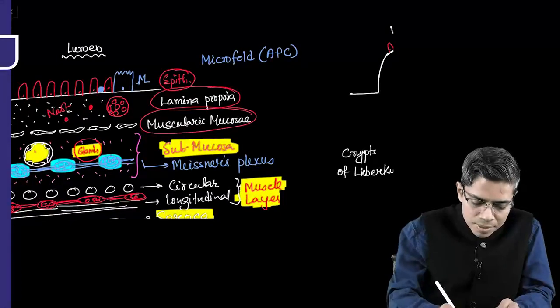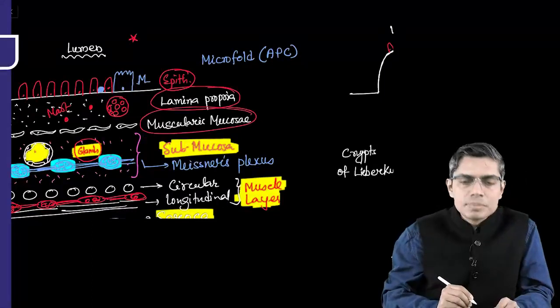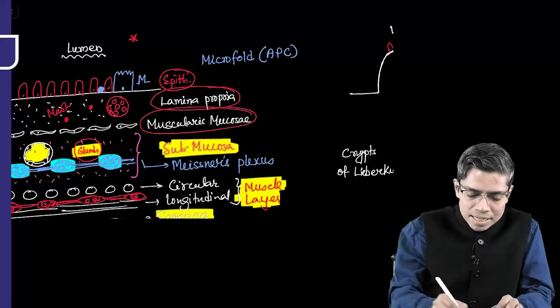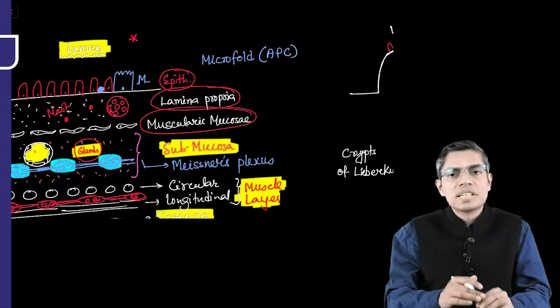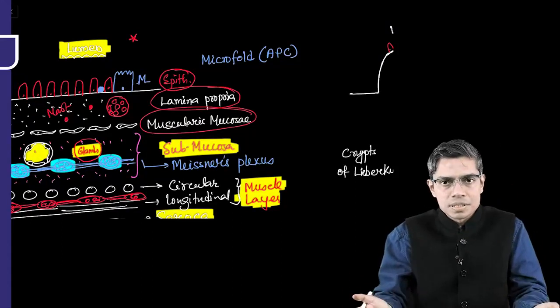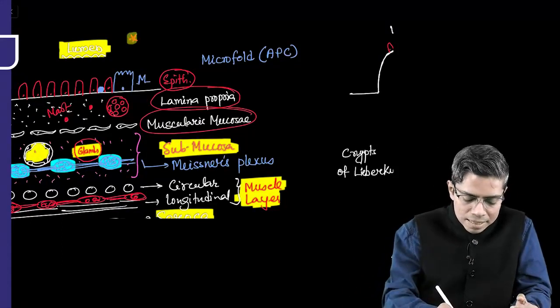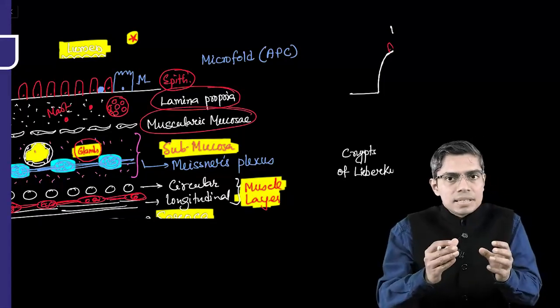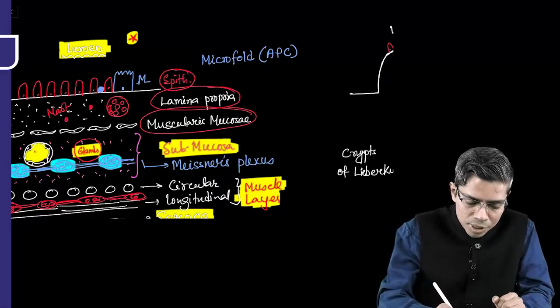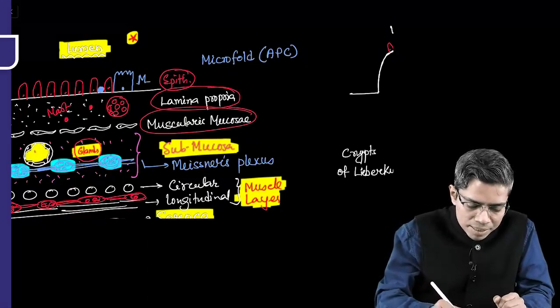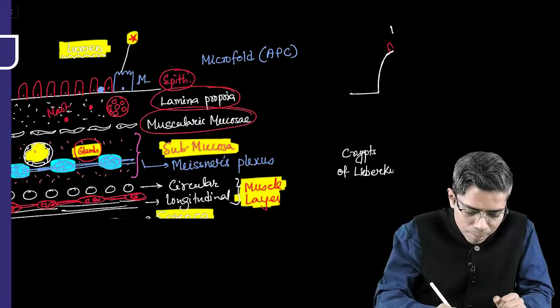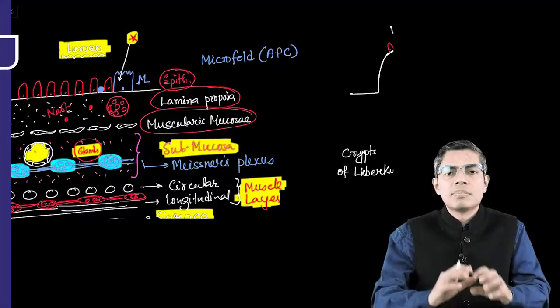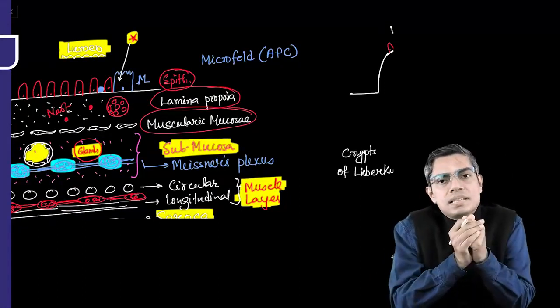Suppose there is some antigen at the level of the lumen. I told you that the GIT is constantly exposed to various antigens and pathogens. So if this is an antigen here, what will happen? This antigen is basically a protein. This protein or antigen will be directly taken up by the M cell by formation of vesicles.